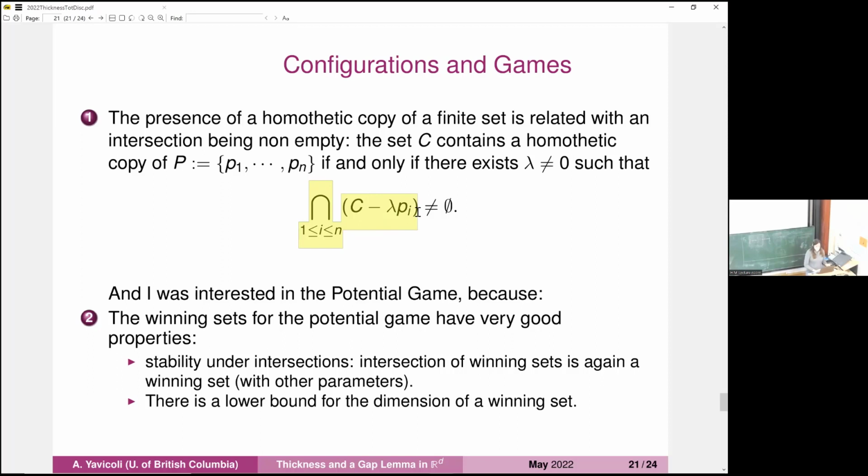And finally, there is a lower bound for the Hausdorff dimension of a winning set. So if I can bound below the Hausdorff dimension of this set by a positive number, I know that this intersection is not empty. In fact, I know that I have a lot of copies of the set P inside C.